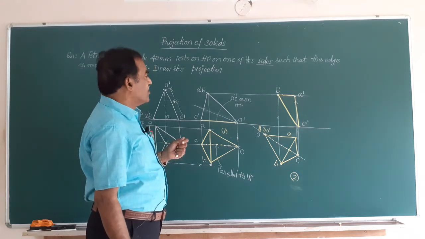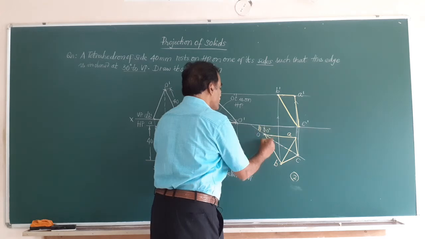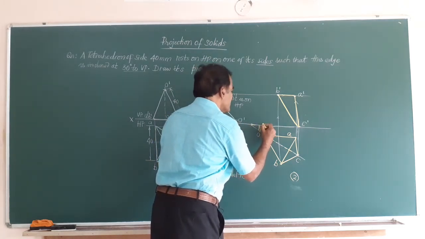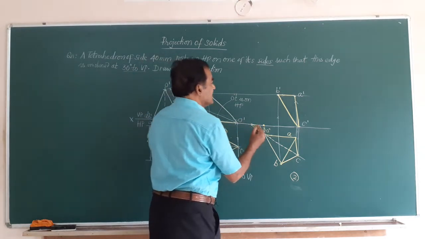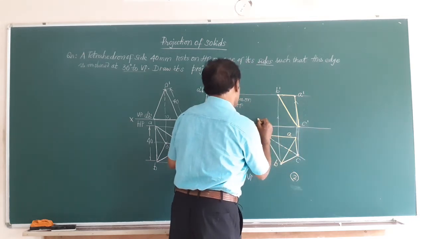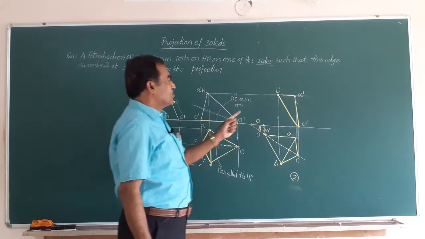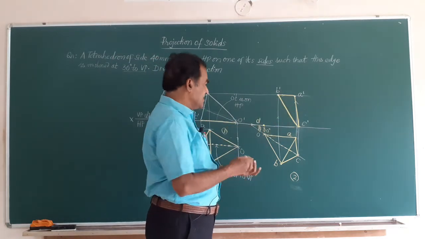Friends, then you have to get this point O. Draw a vertical line from here O, a horizontal line from here. Again the point of intersection of these two lines will give you this O dash. You got? Friends, I have to join this O dash to all the corners A, B and C, that is A dash, B dash and C dash.